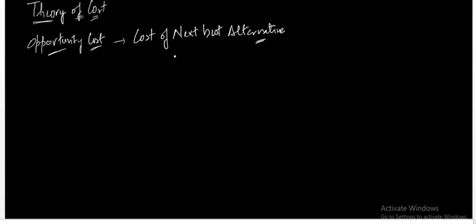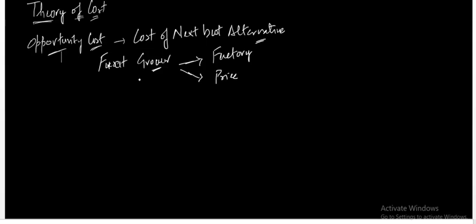Now, let us say, for example, I am a fruit grower. If I process this fruit in my own factory, the opportunity cost for this fruit grower will be the price that this fruit can fetch in the market.